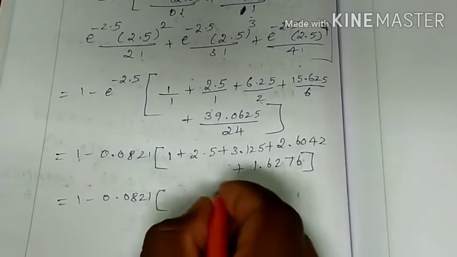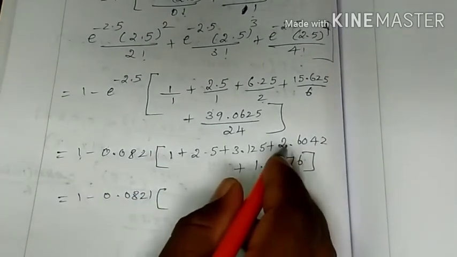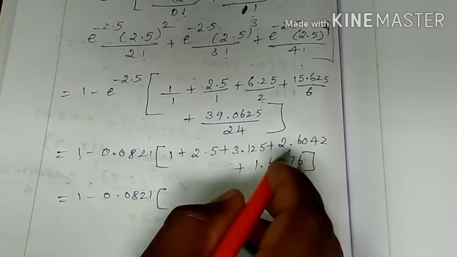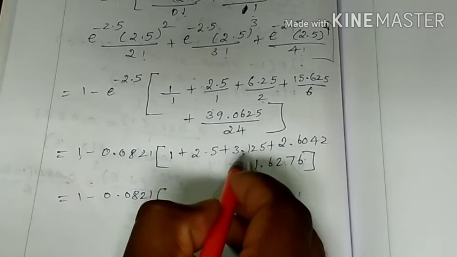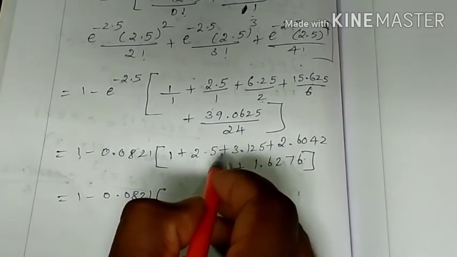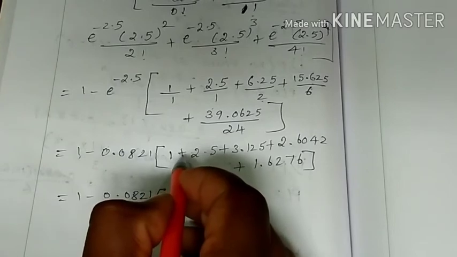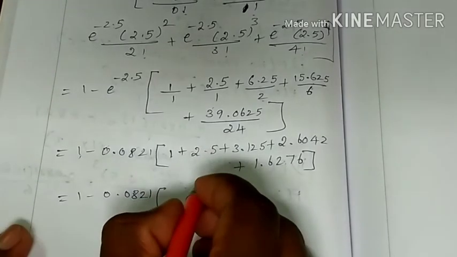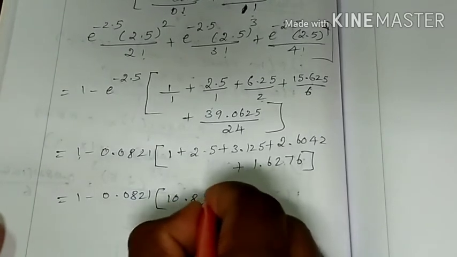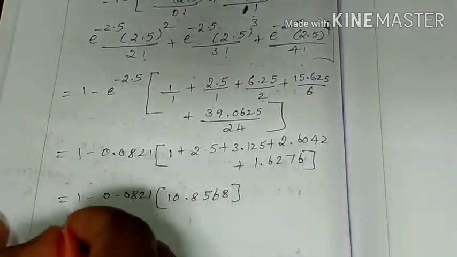Then 1 minus 0.0821 times the sum of all the values: 1.6276 plus 2.6042 plus 3.125 plus 2.5 plus 1 equal to 10.8568.